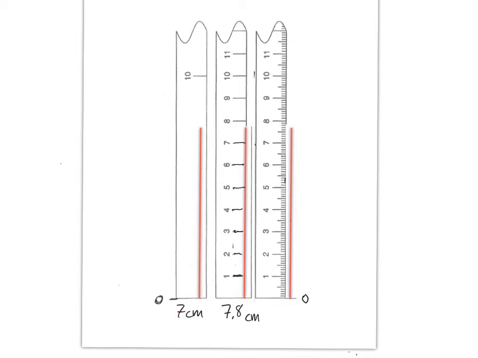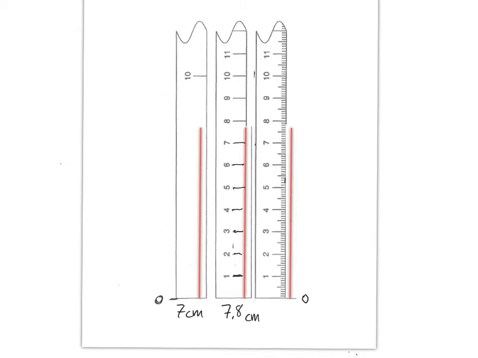In the ruler next to it, we can now estimate to the tenths place because we knew for sure the measurement was somewhere between 7 and 8. So 7.8 was my estimation. I estimated to 8 tenths of a centimeter.